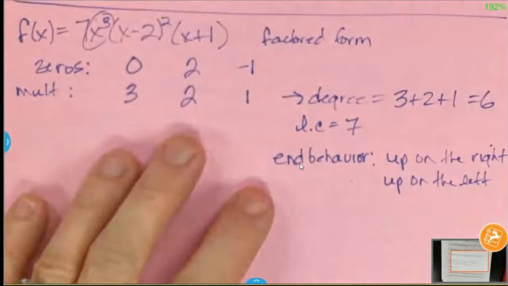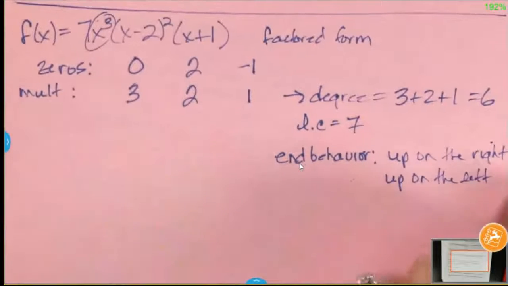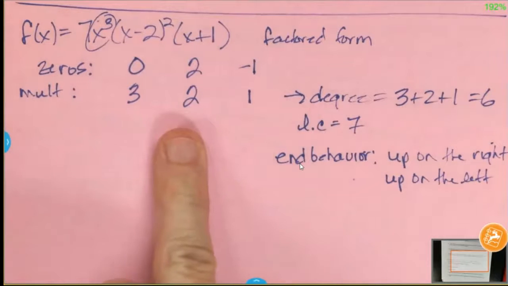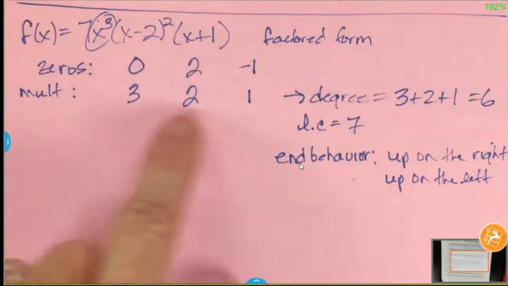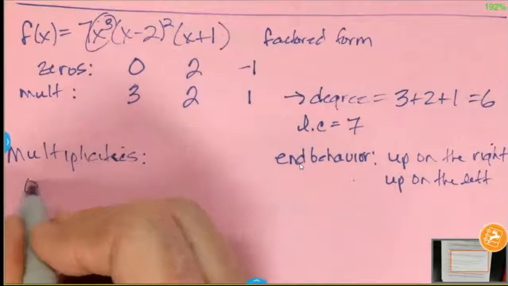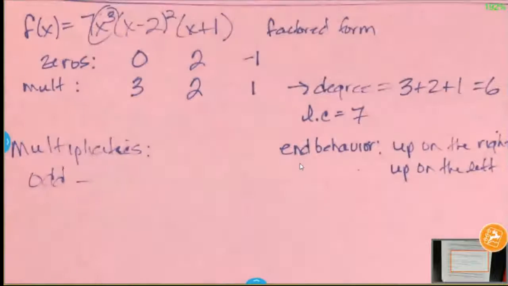Now the other thing that we can tell with one like this that's in factored form is we can tell a lot more about what's going on in the middle of the graph, since this just tells us about the two ends. Because we know where our x-intercepts are. And there's one more thing that we can tell about those x-intercepts because we know the multiplicities. With the multiplicities, if the multiplicity is odd, that means that the graph is going to actually cross through the x-axis at that point.